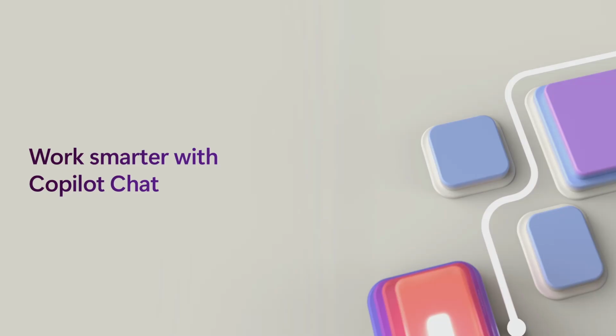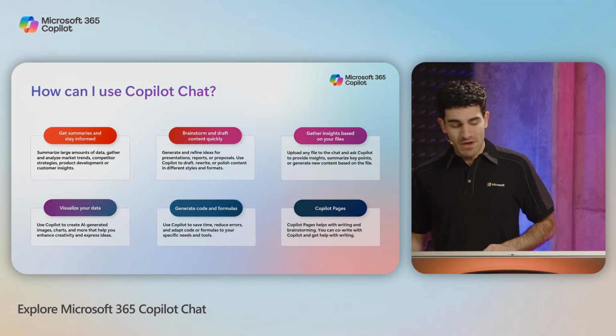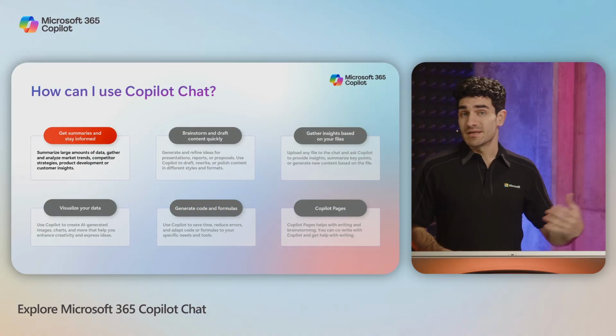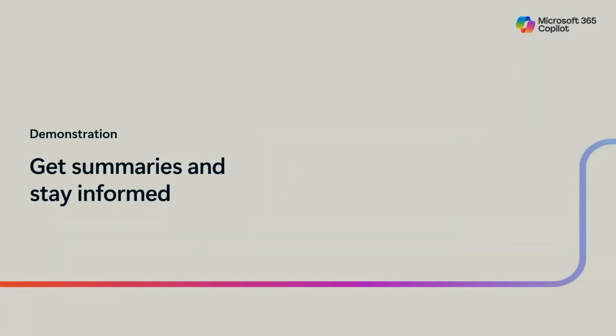Now let's take a look at Copilot in action. We are going to walk through each of these different capabilities one by one, and I'll demonstrate them for you. And to get started, we're going to see how Copilot can summarize information and help us stay informed. I find myself here in the Microsoft 365 Copilot app on the Chat tab.